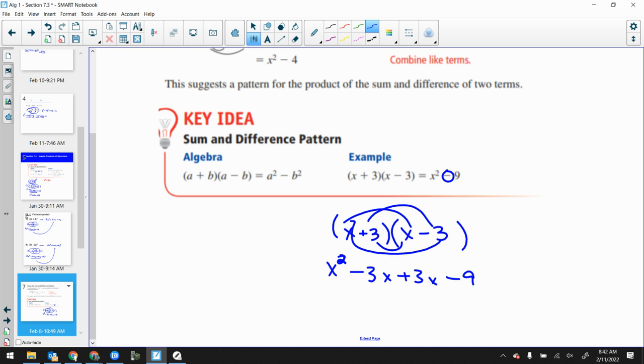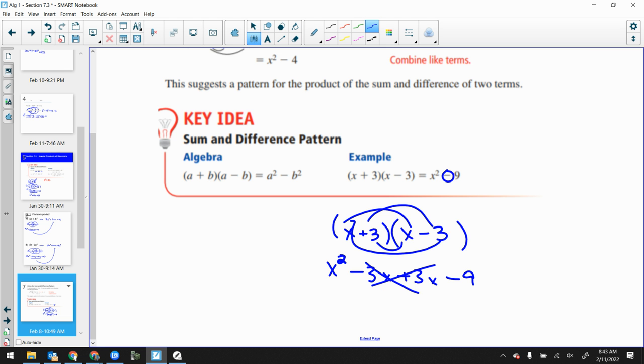What's the setup? We have two binomials, and they are the exact same with the exception of the symbol in the middle. That's the only difference between these two things. I've got an x plus 3 and an x minus 3. That will always cancel out our inners and outers.